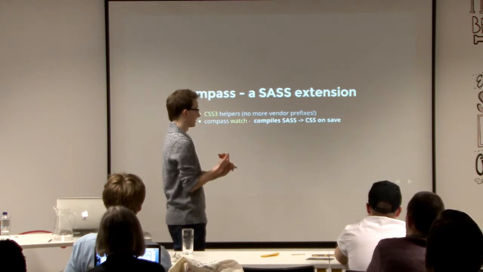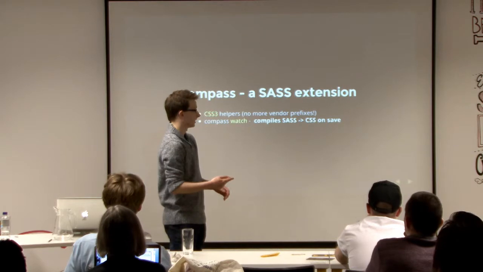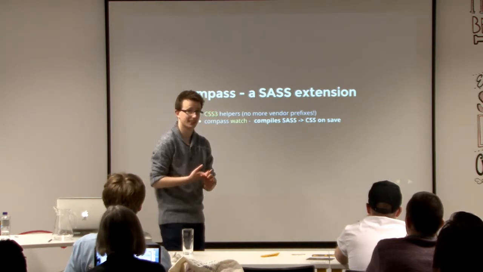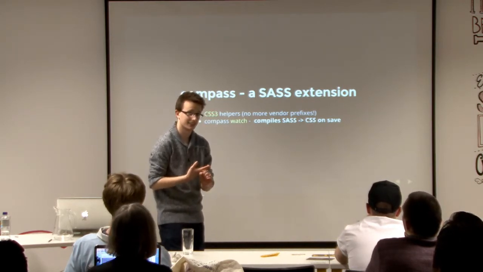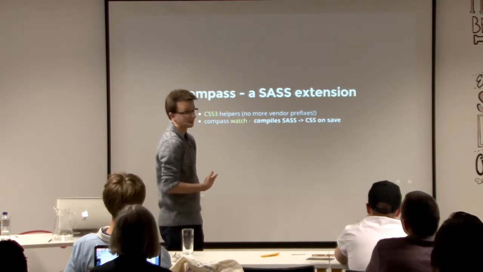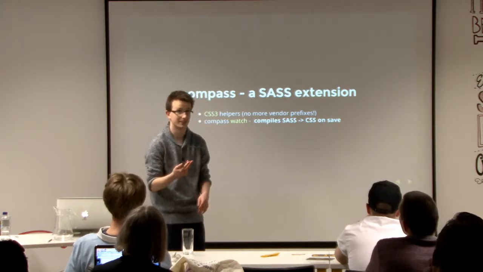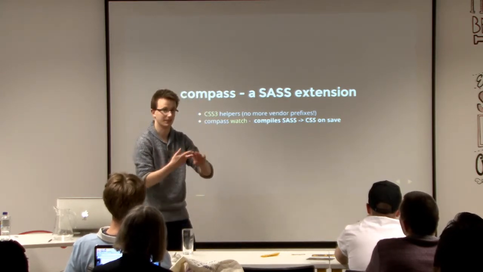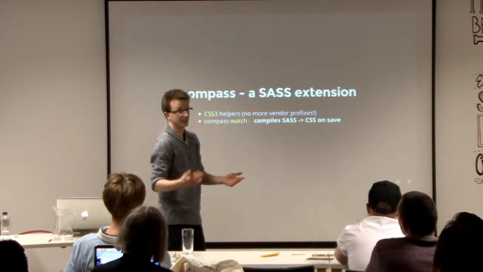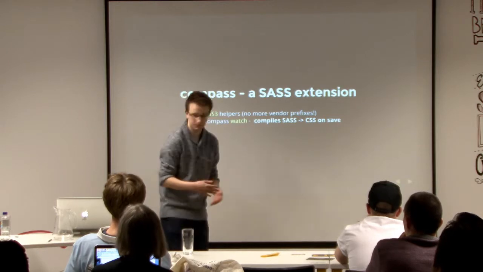So if you want to write a gradient, for the sake of having a nice little fade, you've got to write maybe 7 lines of CSS in 2 different syntaxes, and it just made my head hurt. Compass provides you with a linear gradient mixin, so you just type include linear gradient, red to green, whatever, and that's it. And it'll spit out all that code for you, again abstracting away: more readable, more maintainable.